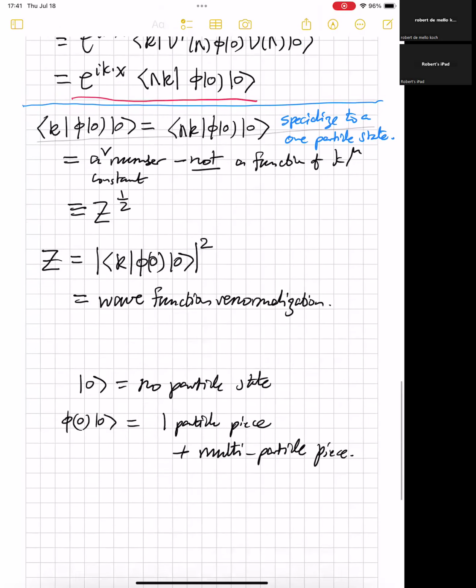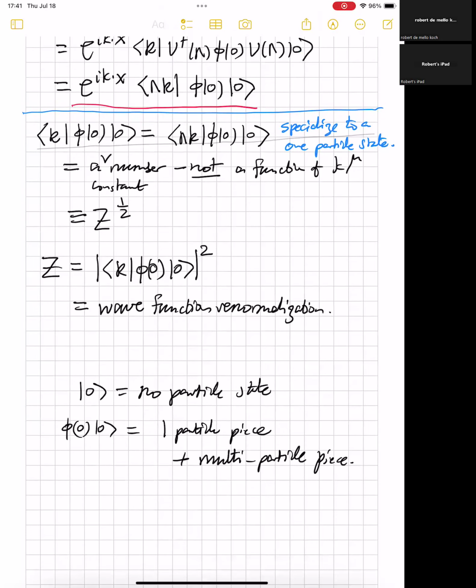And what I've done in this quantity Z is I've taken this multi-particle state, one particle plus multi-particle state, and I've projected out the one particle piece by calculating the overlap with state K. Now, you might say, oh, you're working out the probability that you've got a single particle with a certain momentum K. Well, that's not true because, as we just argued, this quantity is independent of momentum.